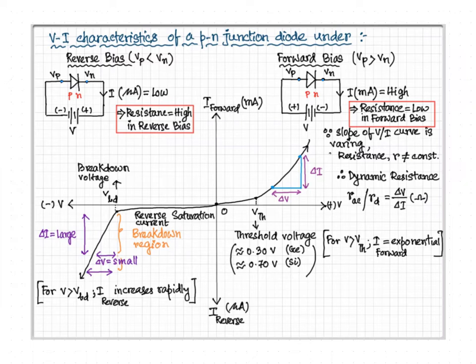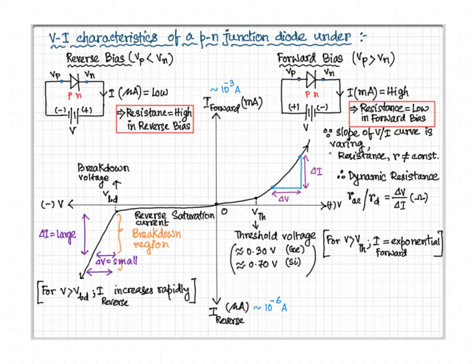On the upper side, the current is I forward, which is of the order of milliampere, that is, 10 to the power minus 3 ampere, and downwards the current is the reverse current, which is of the order of microampere, that is, 10 to the power minus 6 ampere.